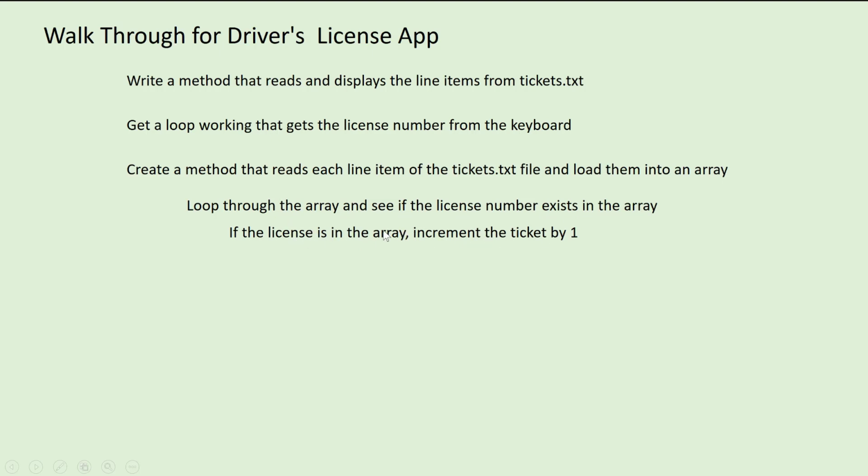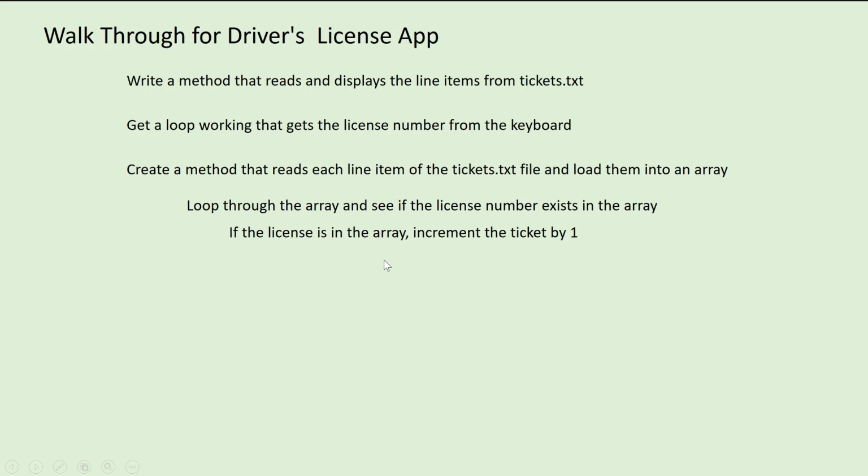I probably need to get at each string element in the array line by line so I can increment just that 1. Once I got that working, I would test it by putting in a license number that I know existed and printing out the array to make sure that it's changing.